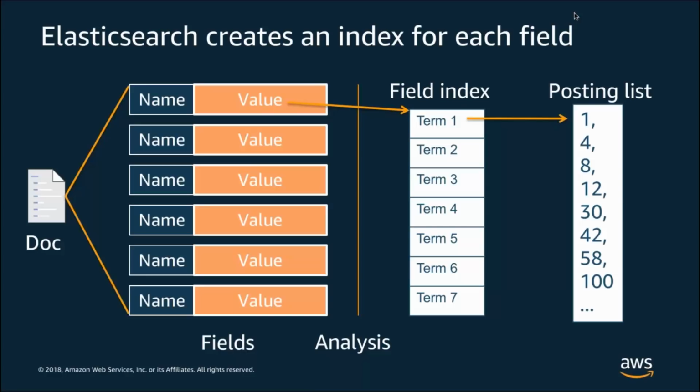Both of those are in my field index. And then the term iron in my field index points to a list of all of the documents that contain the term iron. So this is the indexing, and this works the same for all of the textual data. It's similar for the numeric data, etc.